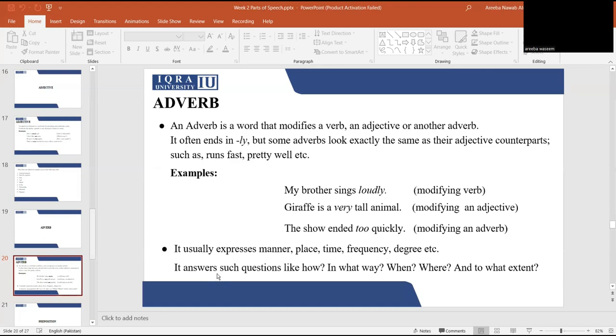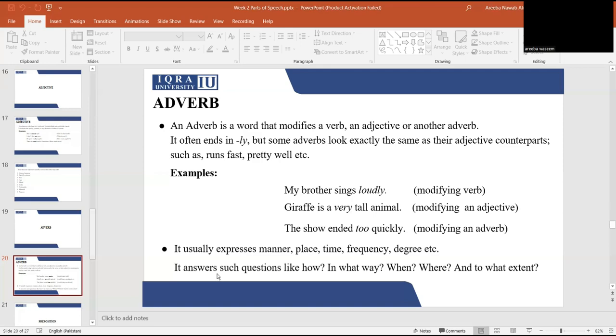My brother sings loudly. Here we are modifying a verb. My brother sings. Sings is our verb. But now we are describing how our brother sings. If we are saying my brother sings loudly, we are modifying, we are describing our verb. So it is an adverb. Loudly is our adverb because it is modifying our verb.